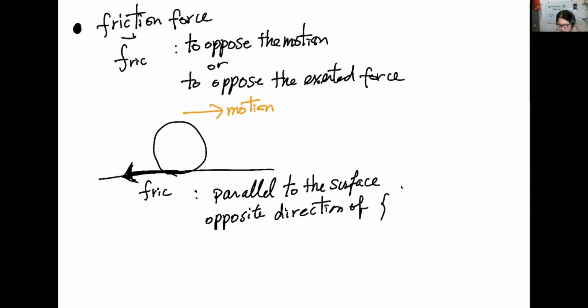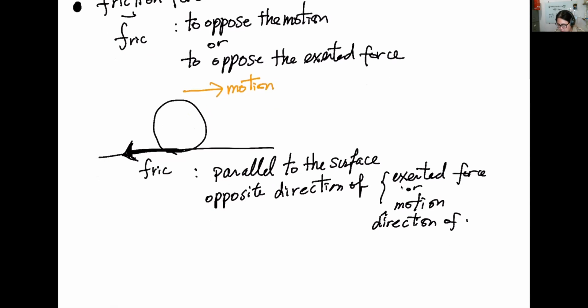Opposite to either the exerted force or the direction of motion. You could sometimes have a case where you're pushing, pushing, pushing, but it's not moving.